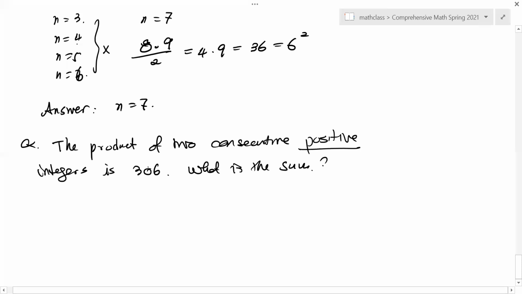So you got 35. Grant did it very fast. All you have to do is look at 306. Clearly, this is divisible by 3.